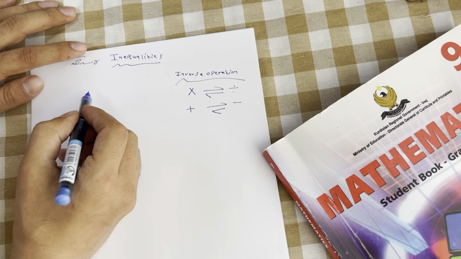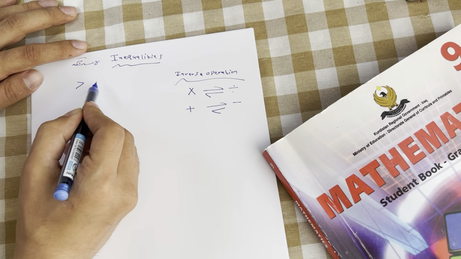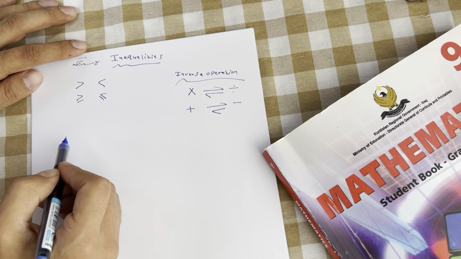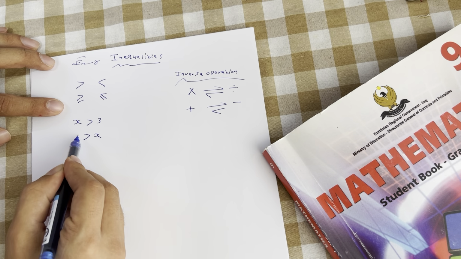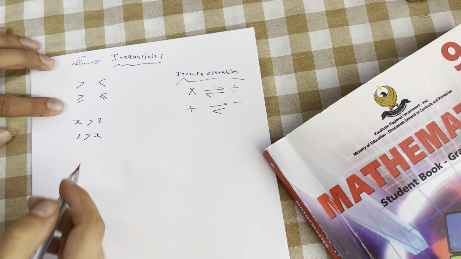Okay, and in inequalities, we have some symbols like that. How to decide which one is greater or less than according to the variable. Look at here, we have x and 3. We can decide according to the variable.